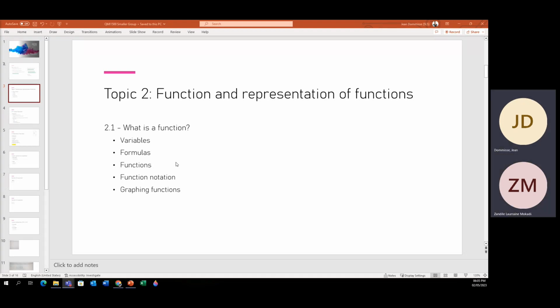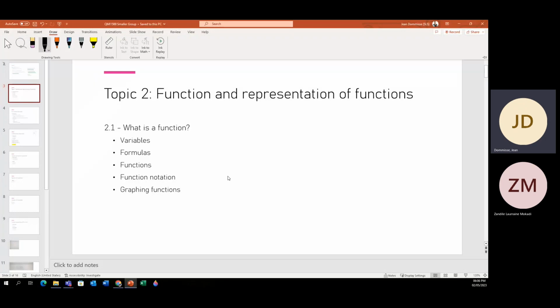So in topic two, the things we are looking at are functions and how they are represented. In the study guide, they talk about what a function is and give you definitions around it.